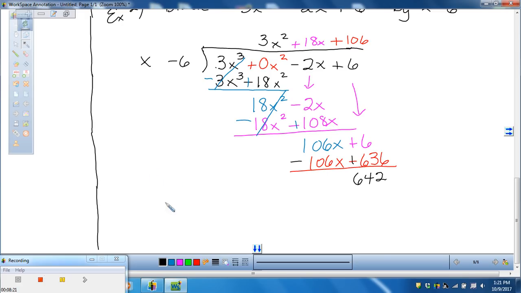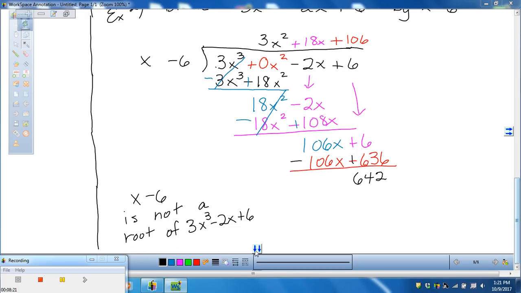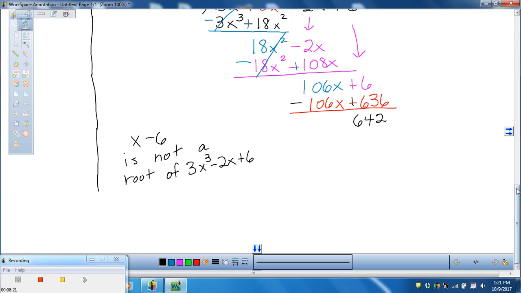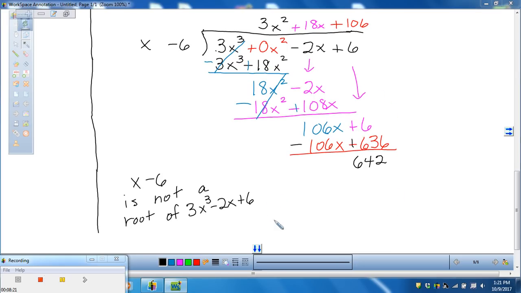Because we have a remainder, that means that x minus 6 is not a root of the original problem, which was 3x cubed minus 2x plus 6. Our answer to this problem is what we ended up with up here on top, plus our remainder.